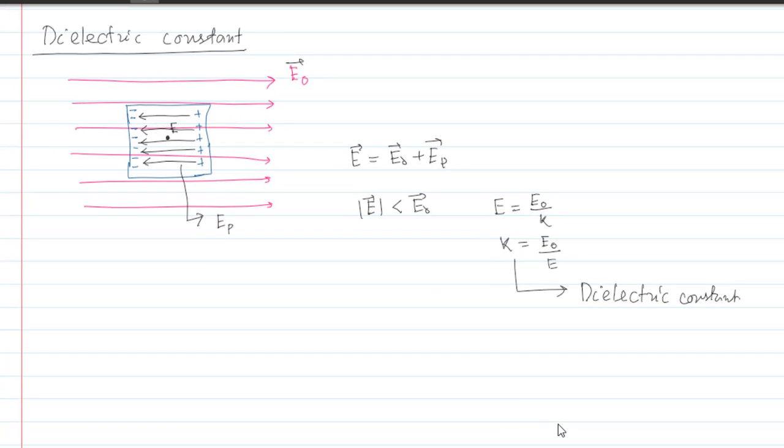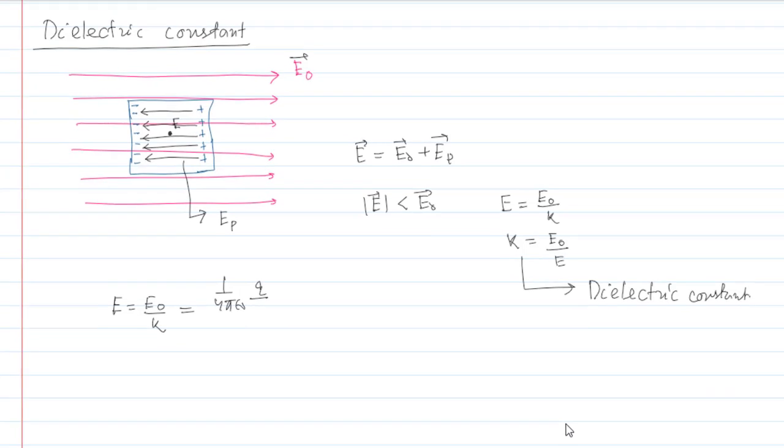Now again let me write this expression. We can write E equal to E naught by K. If I write the value of E naught for a point charge or something like that, I can write it as 1 by 4 pi epsilon naught Q by R square, right?